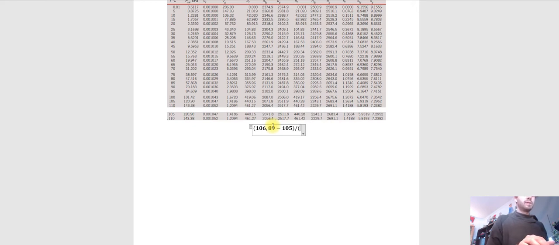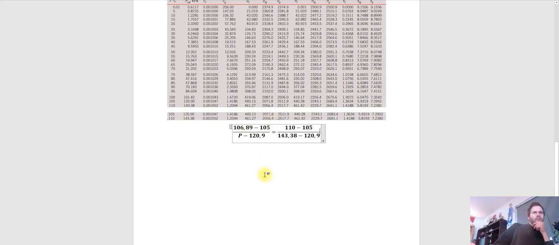We call it P. 120.9 equals 110 minus 105, and then 143.38 minus 120.9. There is the formula. That's the equation.